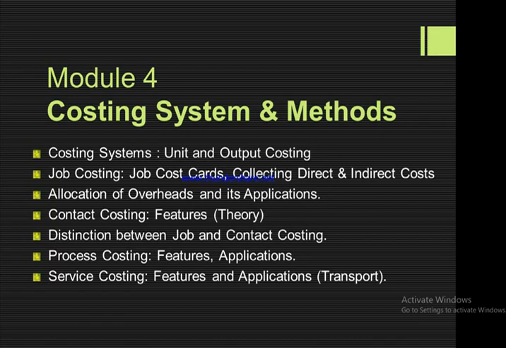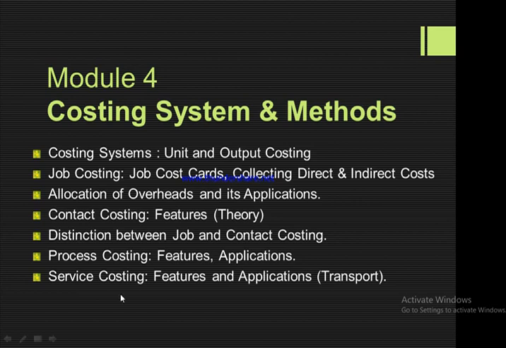This particular module covers costing systems and methods. Under the costing systems, we are going to understand what unit and output costing is. Then we look into job costing, in terms of how the records are maintained and how the cost of a particular product is ascertained using this method.